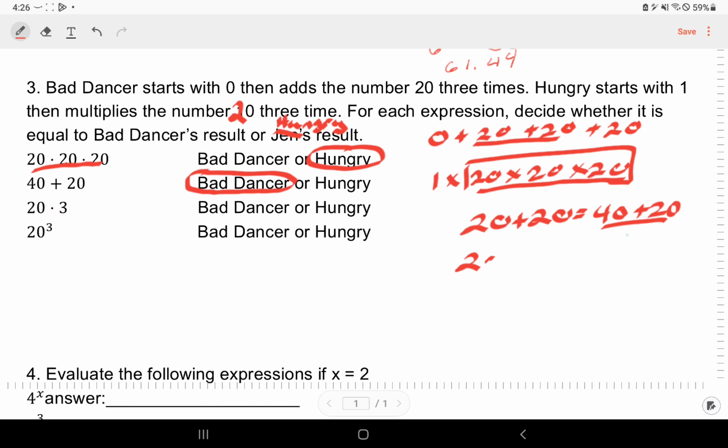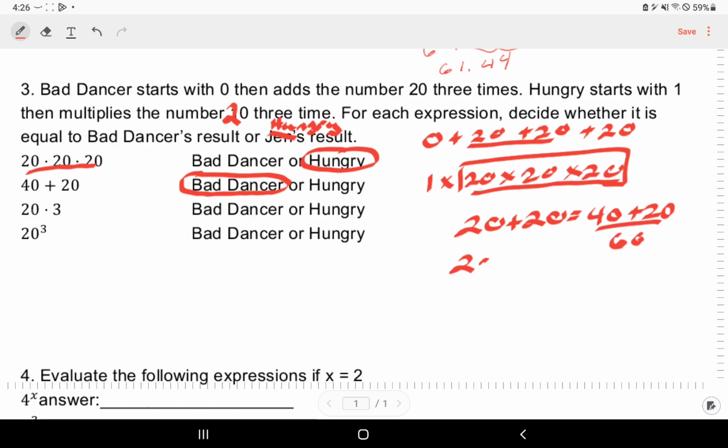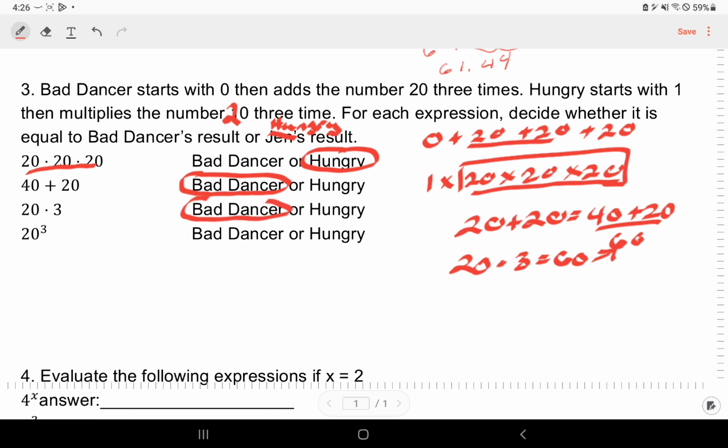And if we add 40 plus 20, we get 60. Well, 20 times 3 is 60. Those are the same, so that's Bad Dancer.